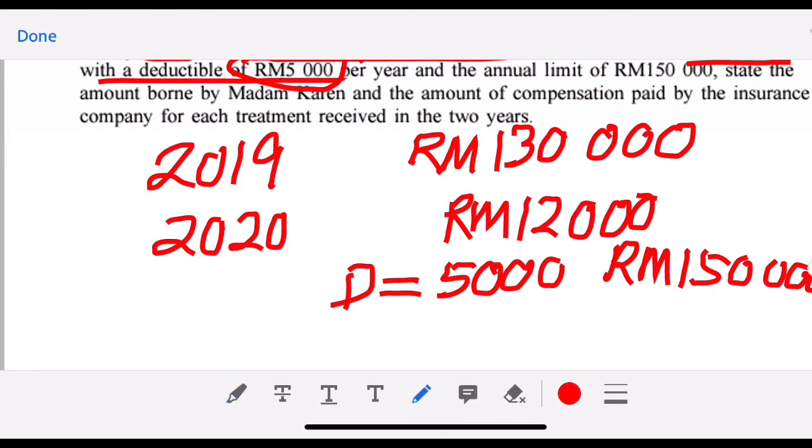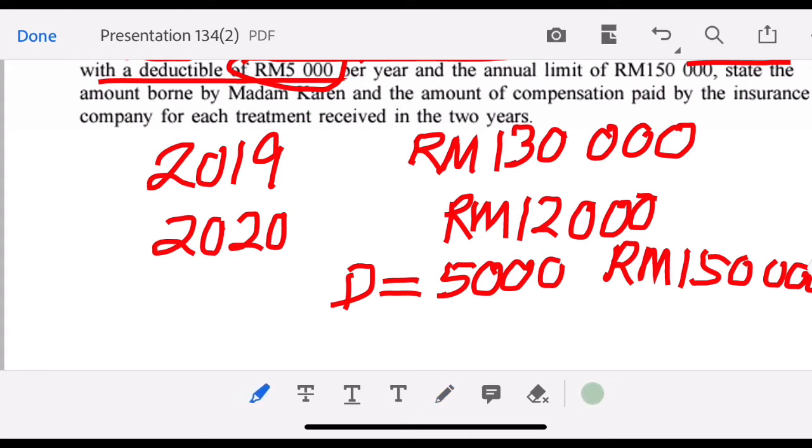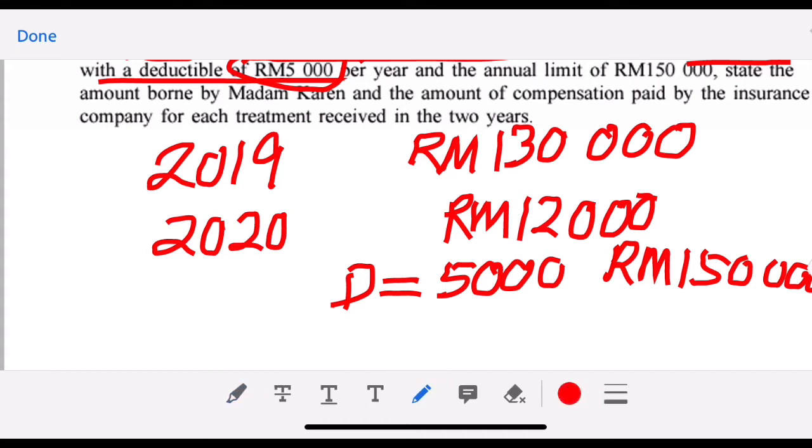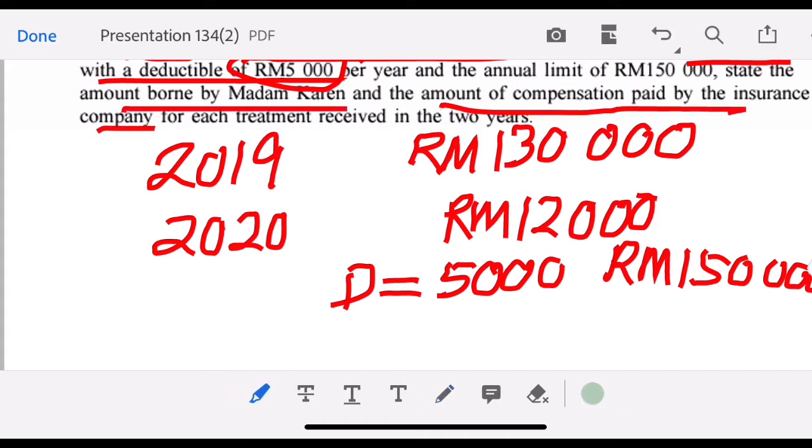If she spends more than 150,000, Madam Karen has to be responsible for that amount. So state the amount borne by Madam Karen, and the amount of compensation paid by the insurance company for each of the treatments received in 2 years.